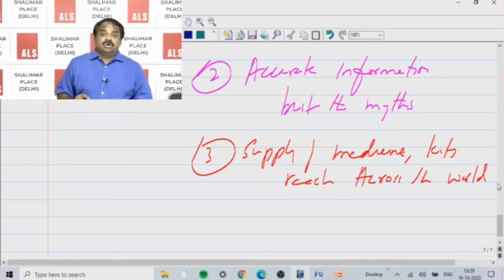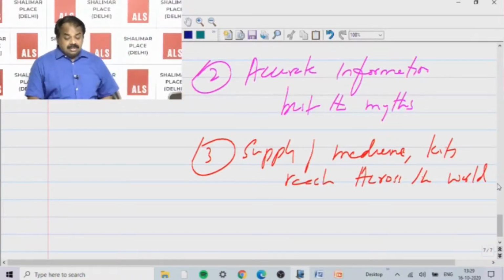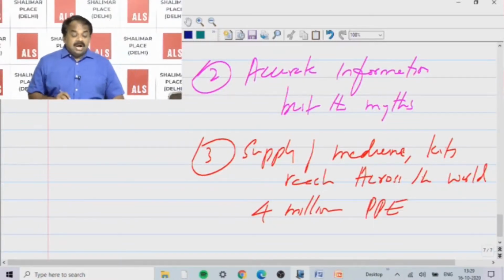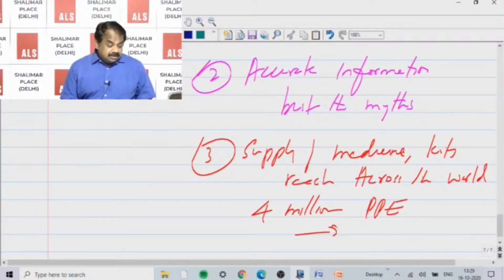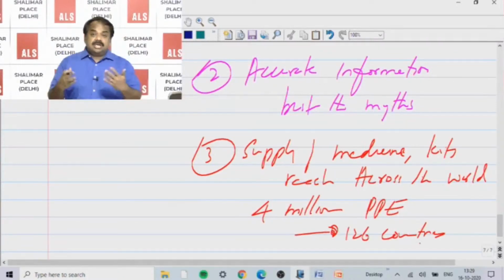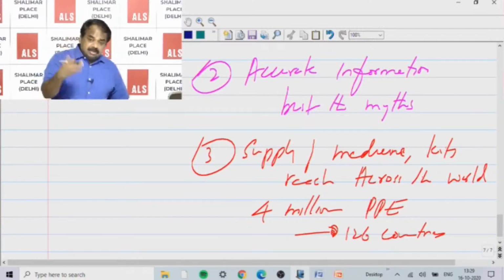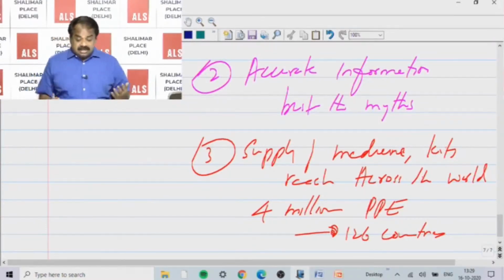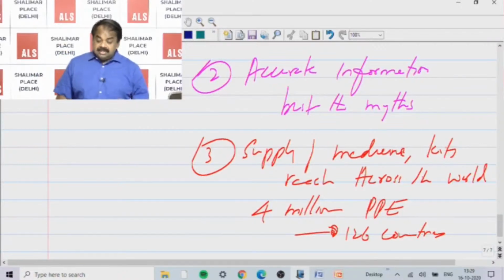See, during this corona pandemic, WHO supplied at least 4 million PPE kits to 126 countries. Especially the poorer countries, whatever supply they had, it was from the WHO, and they ensured that there is a UN COVID-19 supply chain task force under WHO now.